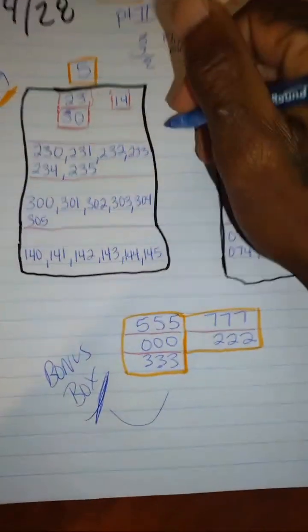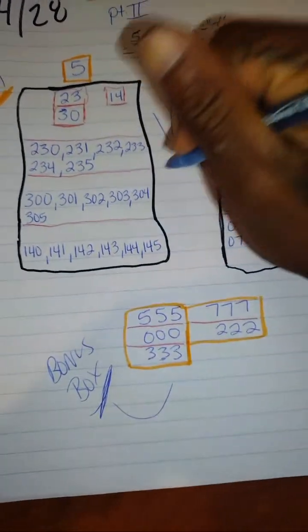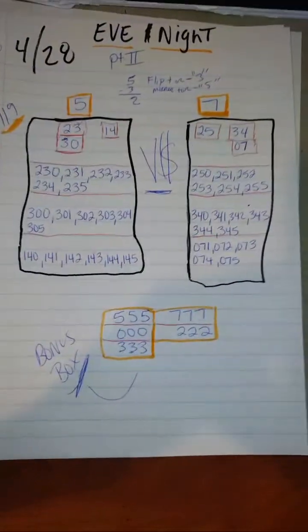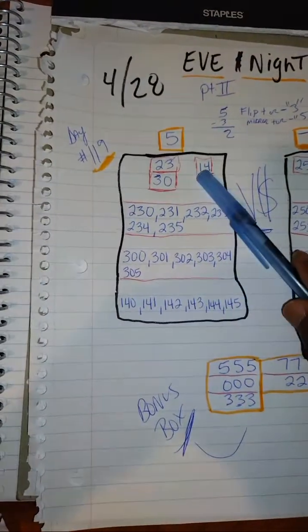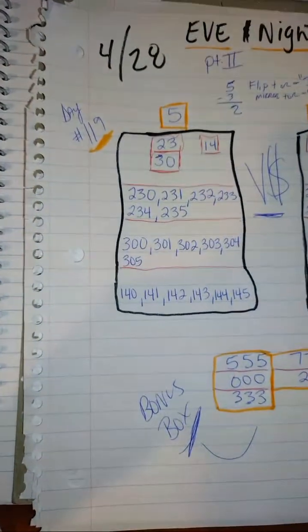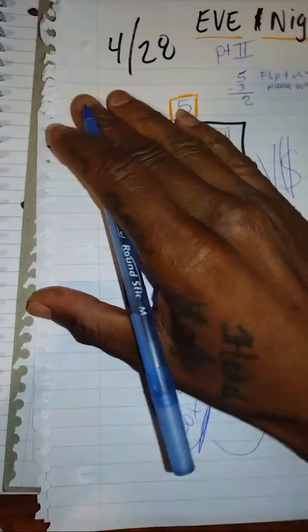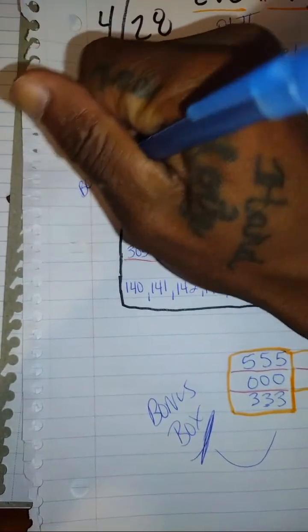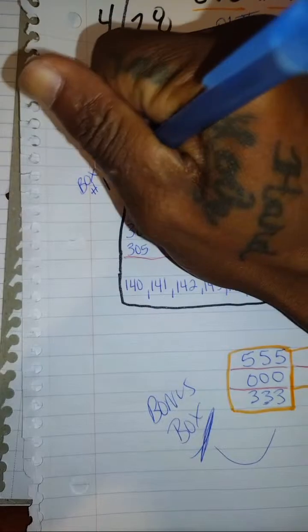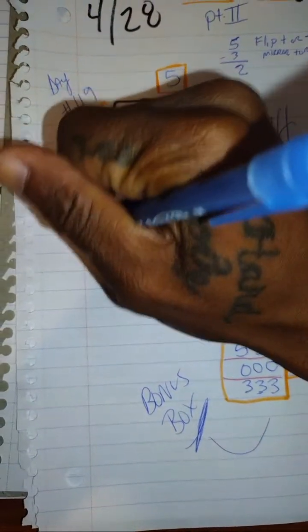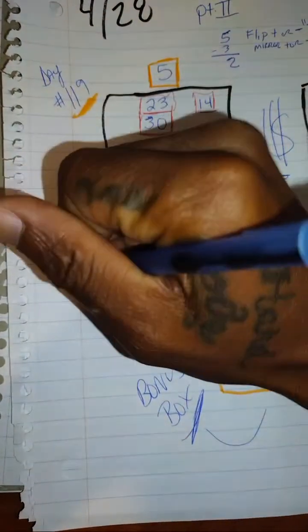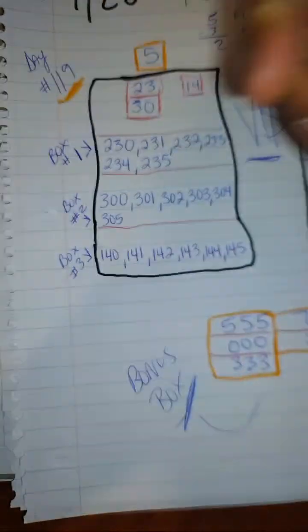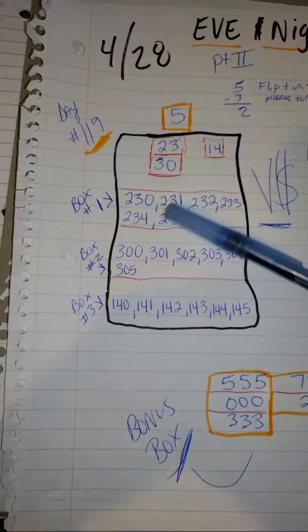So 5 versus 7, y'all. For this evening only. Bonus box at the bottom for you triple players. One, two, and three.